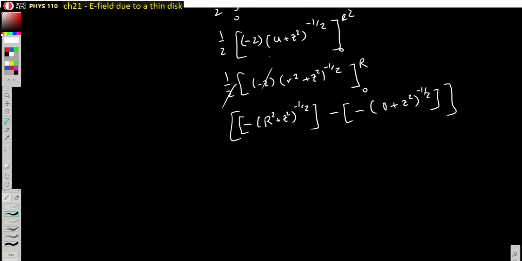So let's just write this thing down in the way that we would usually write them down. So that's 1 over the square root of r squared plus z squared. And this is plus 1 over the square root of z squared. Now I write it down like that on purpose. Basically we have to take the square of z and then take the square root.